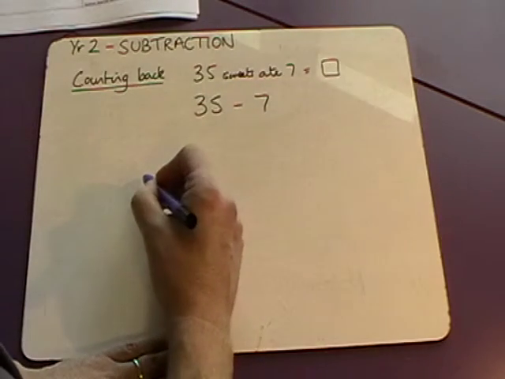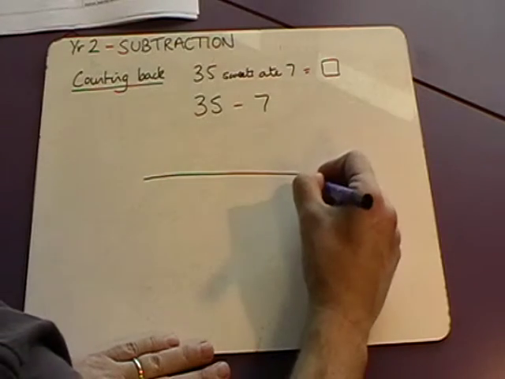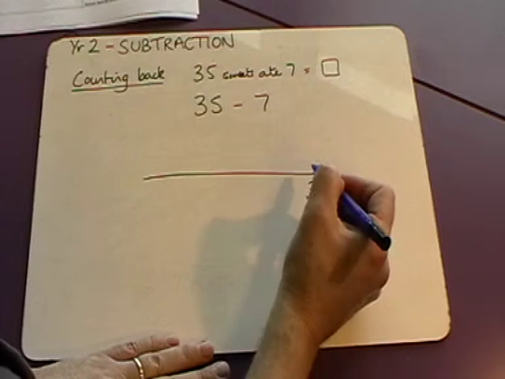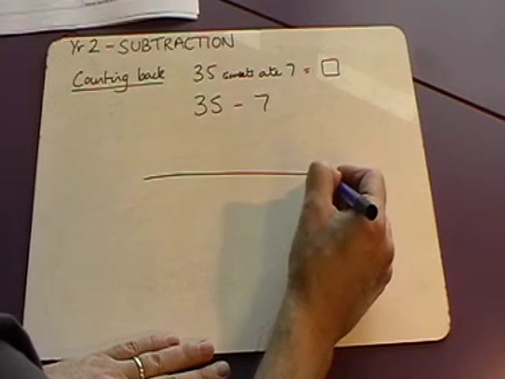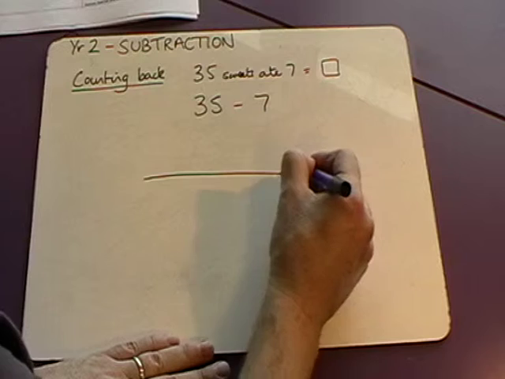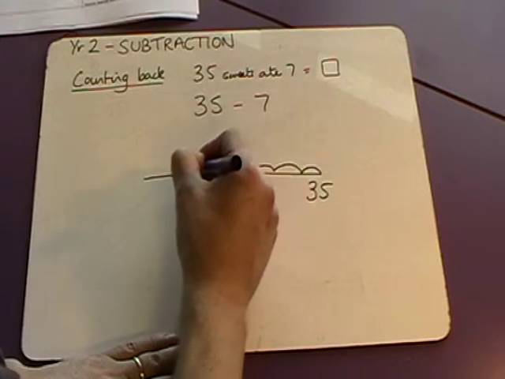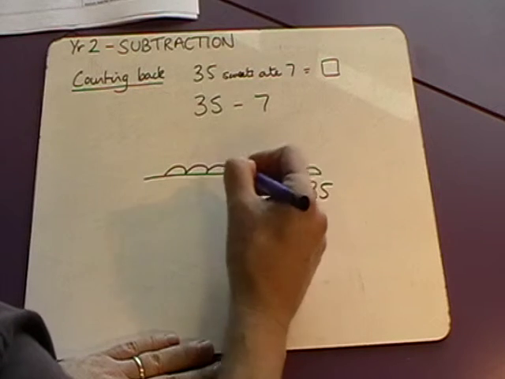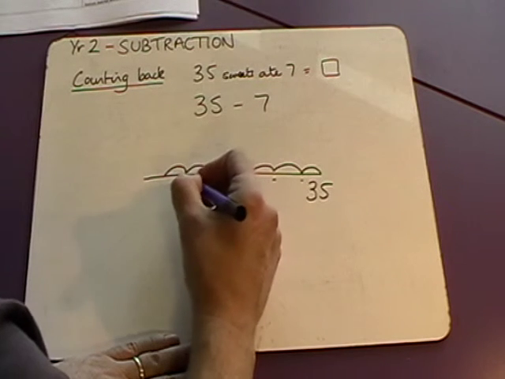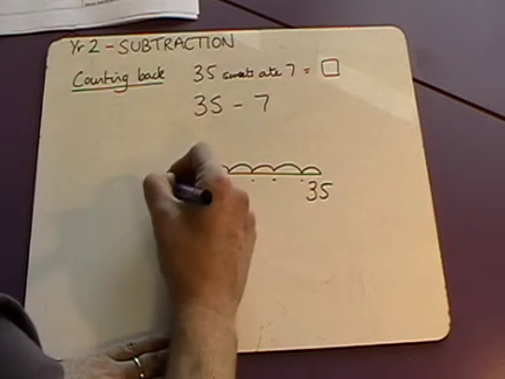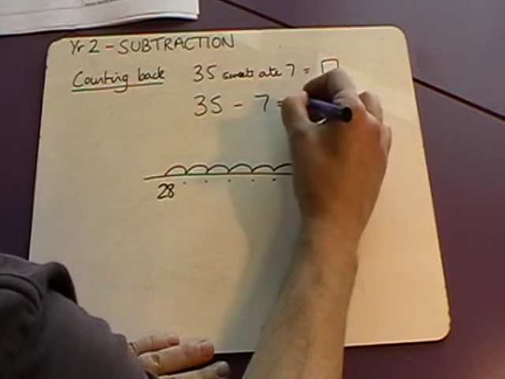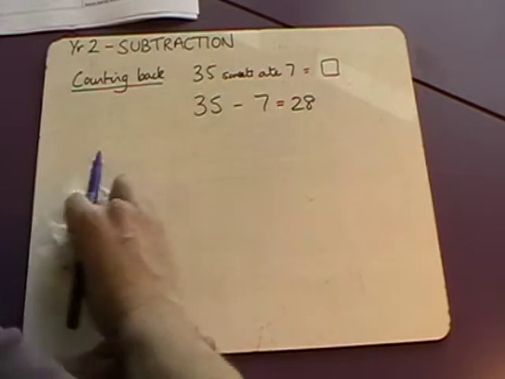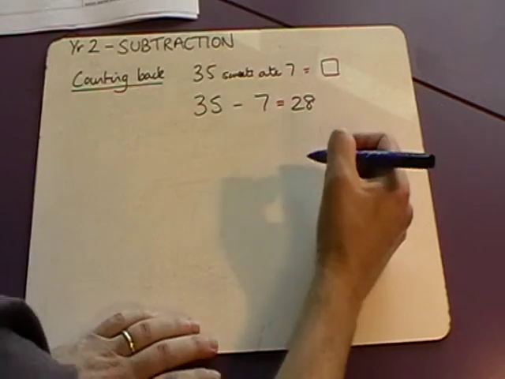So again, we might do that on a number line and would count backwards from 35. To begin with, children might count back in single ones, 1, 2, 3, 4, 5, 6, 7, and they might go 34, 33, 32, 31, 30, 29, 28, and find the answer of 28. What we'd want children to do soon is what we call bridging 10.